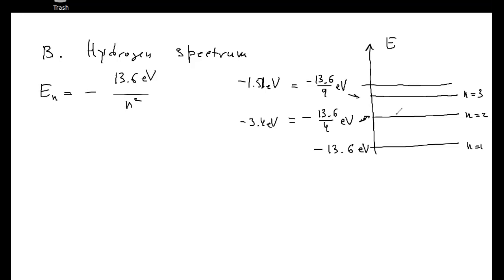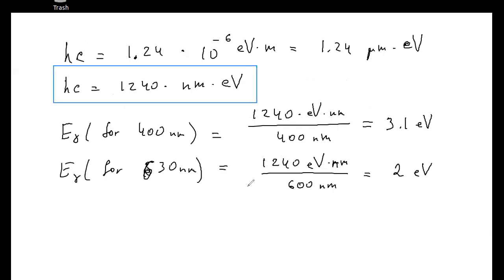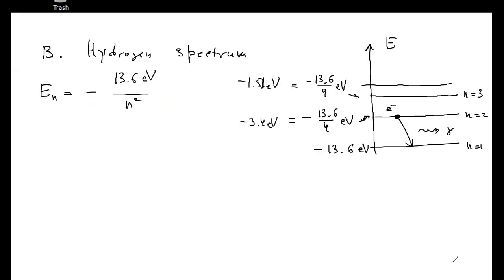Let's say you have an electron which is in an excited state, like for example n equal 2. When the electron jumps down to n equal 1, it will emit light. The energy of this light would be the difference between the energy levels of the electron. Once we know the energy, we can find what kind of light is emitted, what kind of frequency of this light, what kind of wavelength of this light.